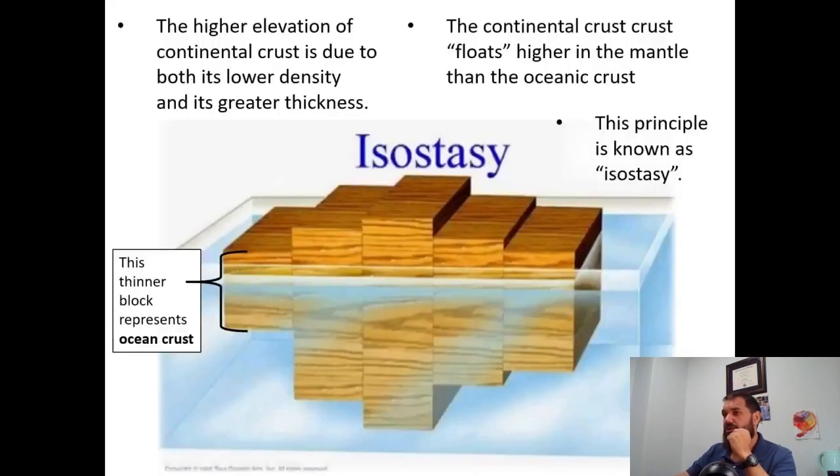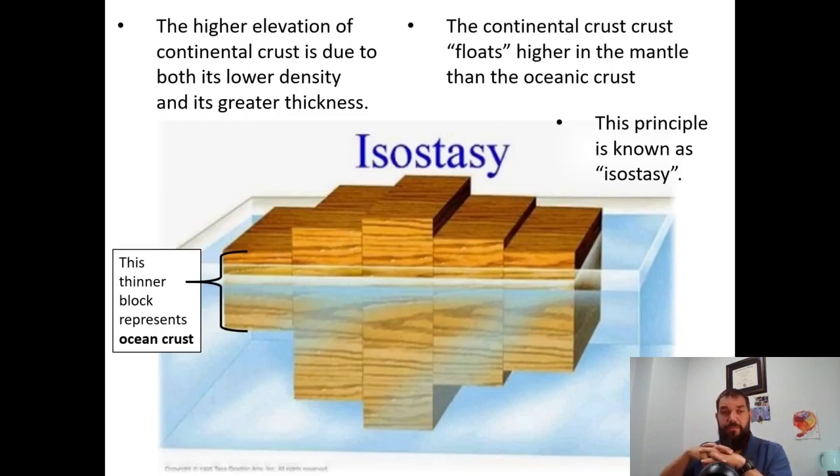I do want you to just know that we're going to see this later as we talk about the mantle, but the mantle is really kind of a softie, and the continental crust and ocean crust can, and does, sink into the mantle. You can almost imagine it like these blocks of wood that you see depicted in front of you.